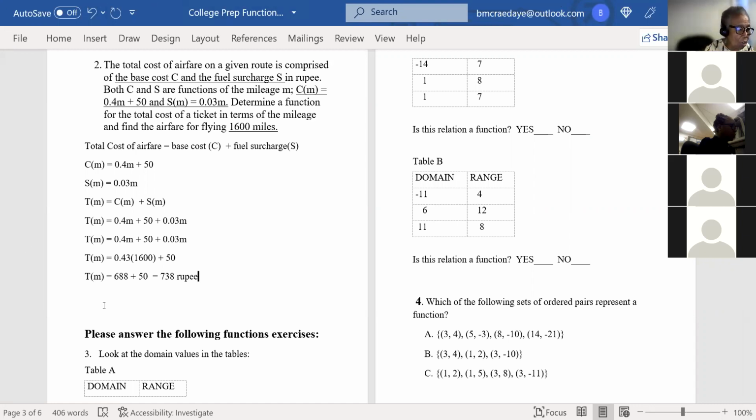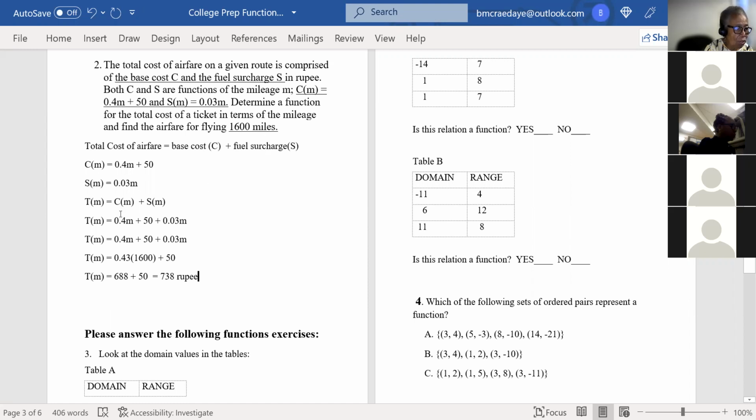So the total cost here is a function of miles in both the surcharge and the base cost. So we have the two functions here and we add those up together to get our output. And I call it T for total cost. So it's the sum of two things, and they gave you the function of the cost and the function of the fuel surcharge. And the problem said the total cost is the sum of the base cost plus the fuel surcharge.